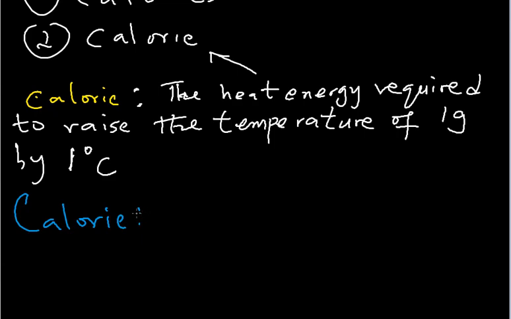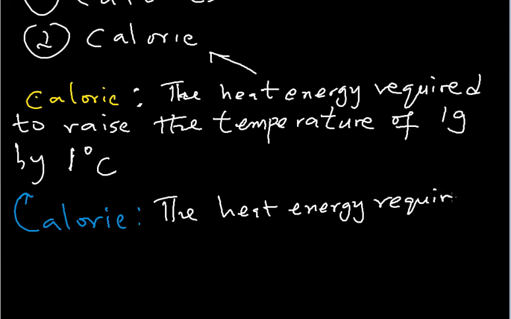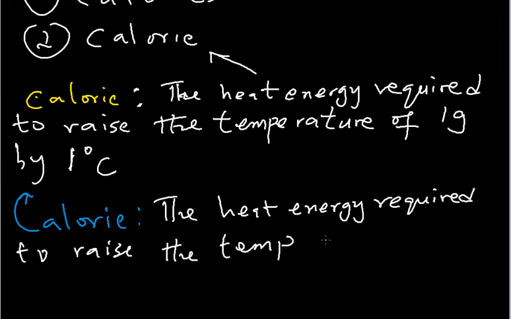So 1 calorie, capital letter C, this time around is defined as the heat energy required to raise the temperature of 1 kilogram, please pardon me, of a substance by 1 degree Celsius.